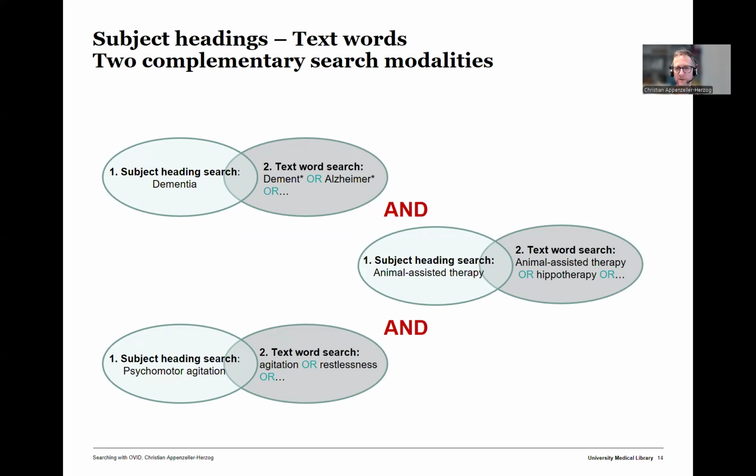Now, for a very comprehensive search, searching with subject headings and searching with text words should actually be combined with Boolean ORs. And now here we have, again, our search topic. So we have the concept of dementia, the one of animal-assisted therapy, and the one of psychomotor agitation.